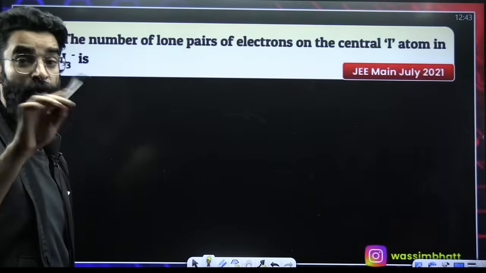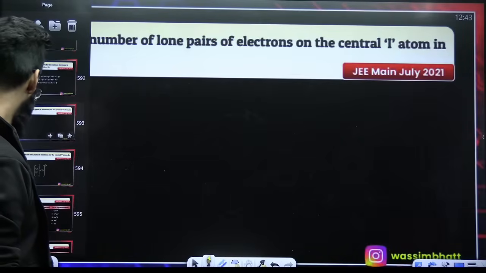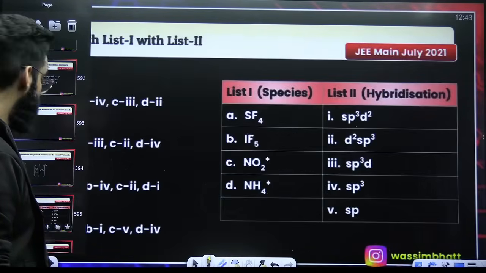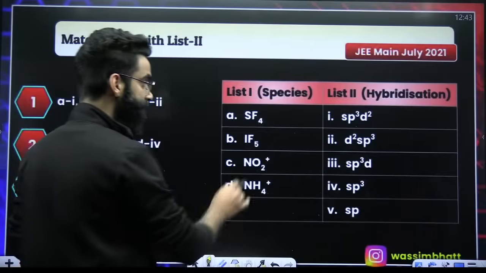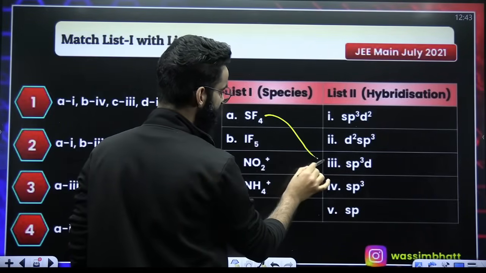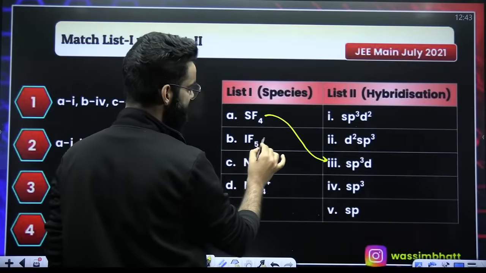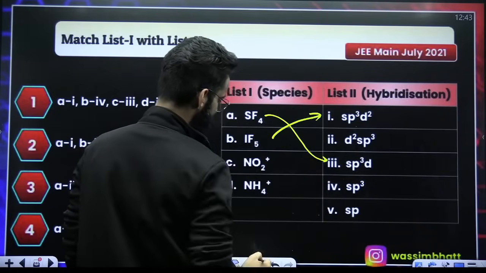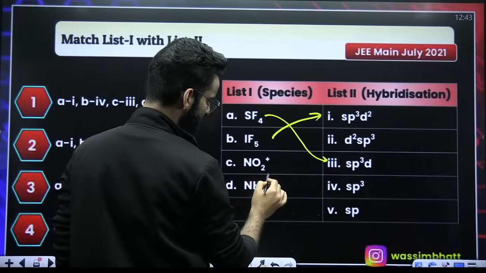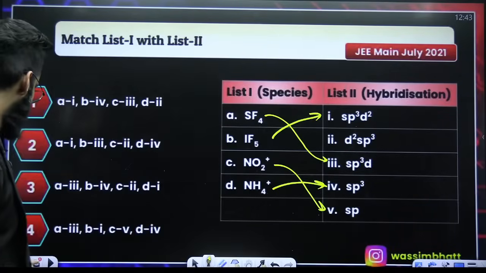If it was total lone pairs on I3, then its answer was 9. SF4: AB4L1, sp3d. Sulphur has 5 sigma, 1 lone pair, 5 plus 1, 6, sp3d2. NO2 negative: 2 sigma, 0 lone pair, sp. NH4 positive, sp3.